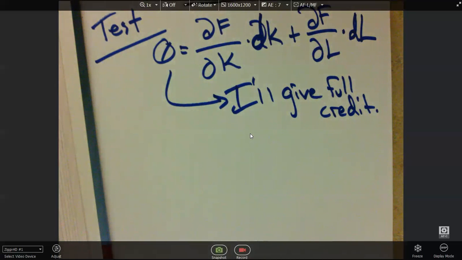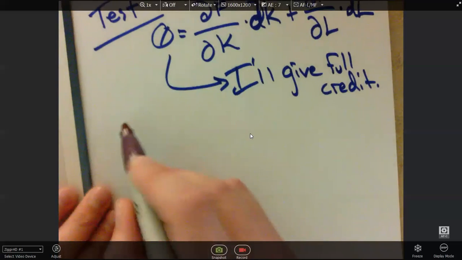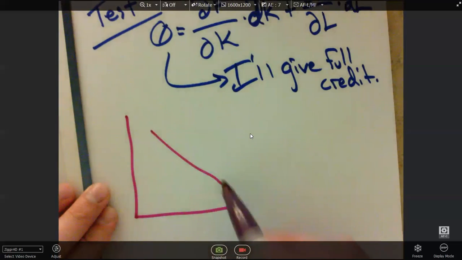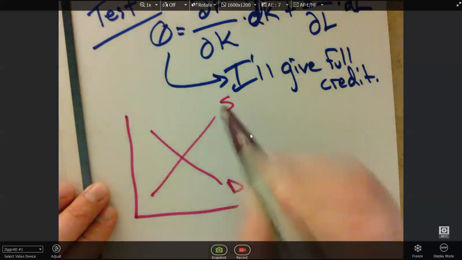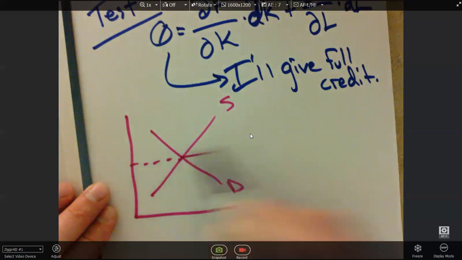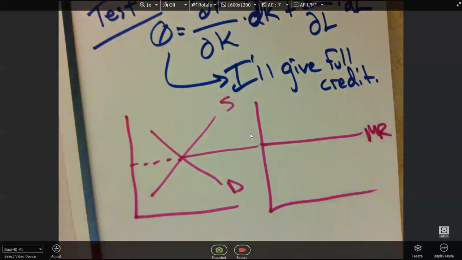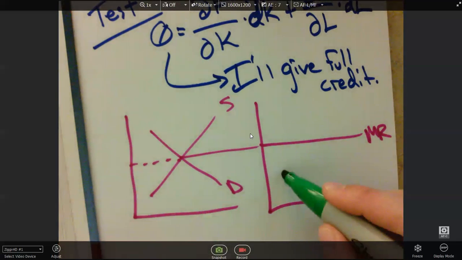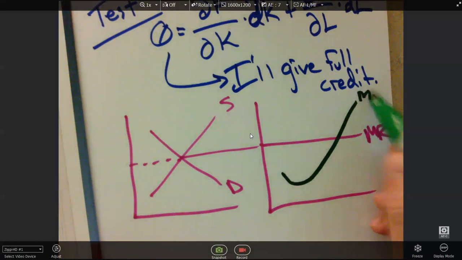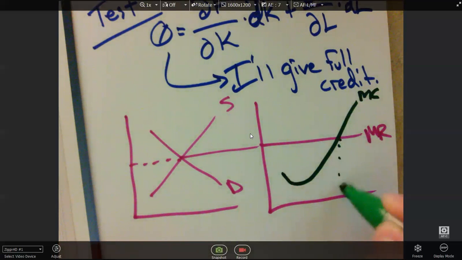If you haven't, it's probably a bit difficult in terms of the relationship between demand and supply in the perfectly competitive market, and how that generates a marginal revenue curve. Then we choose where we produce based on where marginal revenue and marginal cost cross. That's going to give us our Q star.